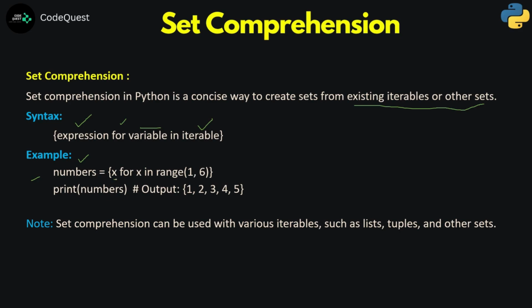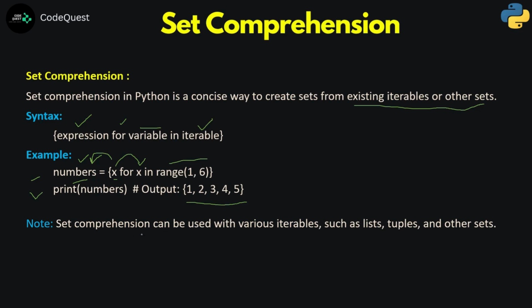Now we have taken x for x in range of 1, 6. So the range function is going to produce 1, 2, 3, 4, 5. So every value of x in this range is to be added as a part of the set elements. So when I'm going to print these numbers, we are going to get the output as these 5 elements which can be in any order.